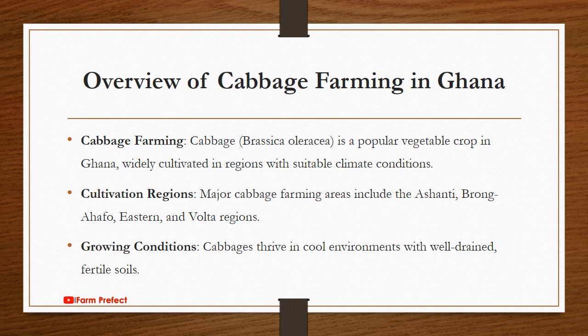Yes, it's very profitable, and some of the regions that do cabbage farming in a large quantity are the Ashanti region, the Brong-Ahafo, the Eastern, and then the Volta regions. Yes, so the growing conditions: cabbage thrives in cool environments with well-drained, fertile soils. Yes, that is cabbage for you.